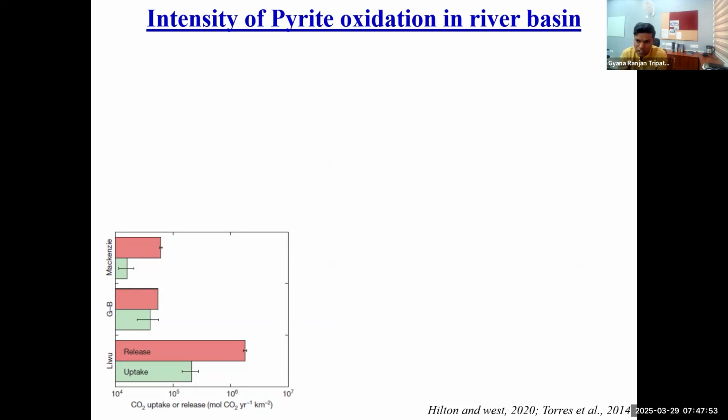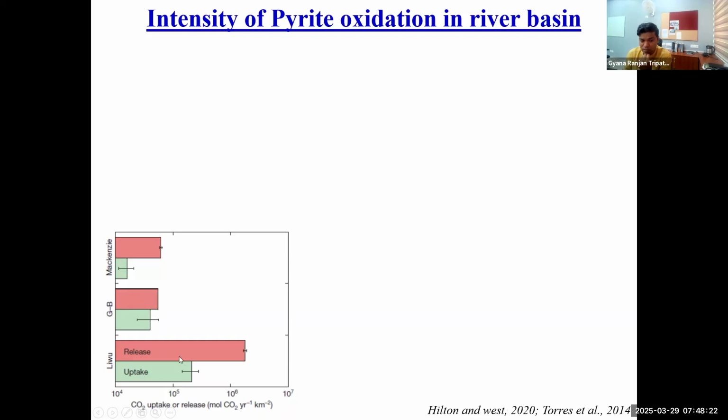How much CO2 is released during pyrite oxidation and how much CO2 is consumed during silicate weathering will decide the net effect of chemical weathering from river basins on the carbon cycle. So if you see some of these compilations for three major river systems, you will see that some of them are actually comparable in terms of silicate weathering and pyrite oxidation.